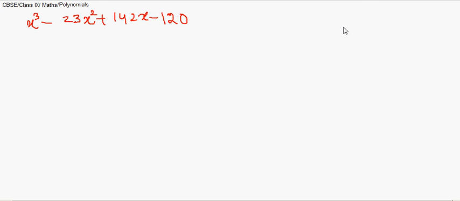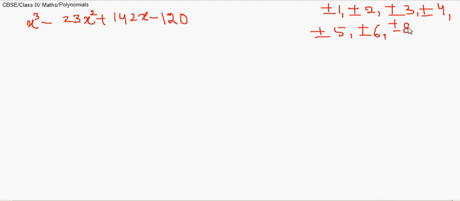So the factors will be actually many: plus minus 1, plus minus 2, plus minus 3, plus minus 4, plus minus 5, plus minus 6, not 7, plus minus 8, not 9, plus minus 10, then again plus minus 12.